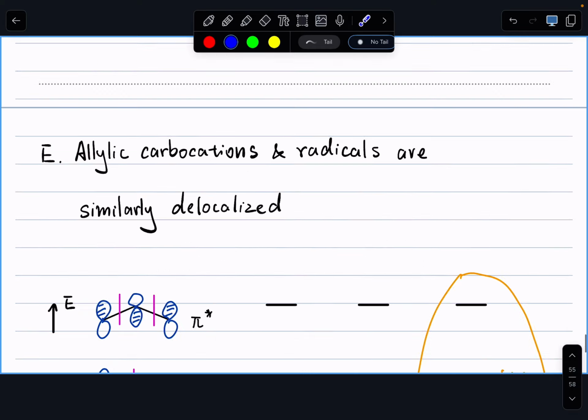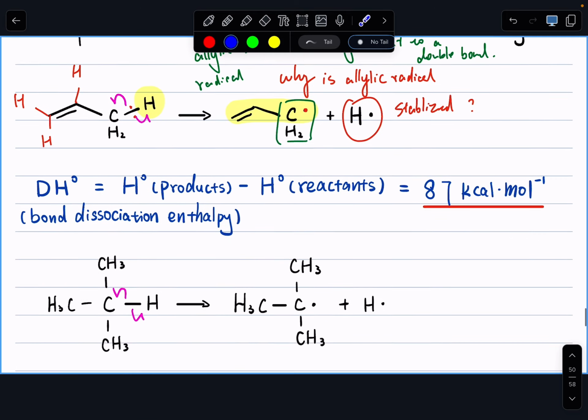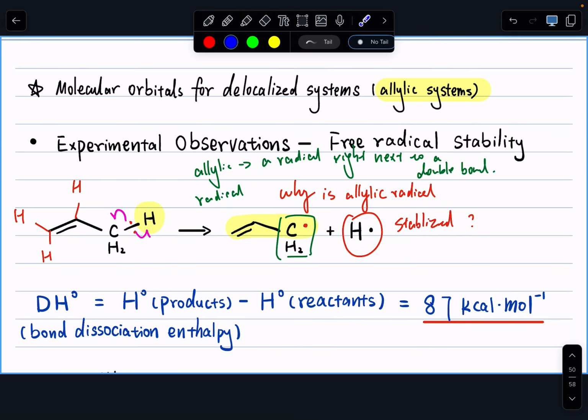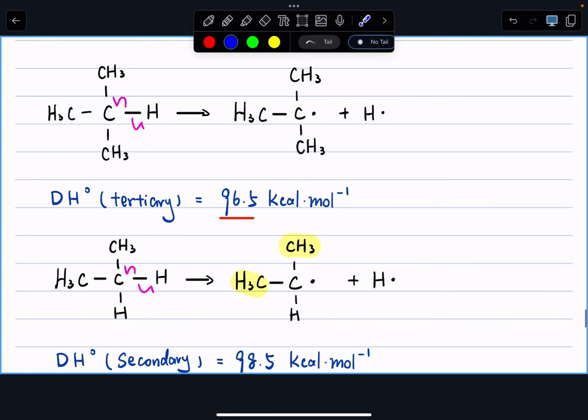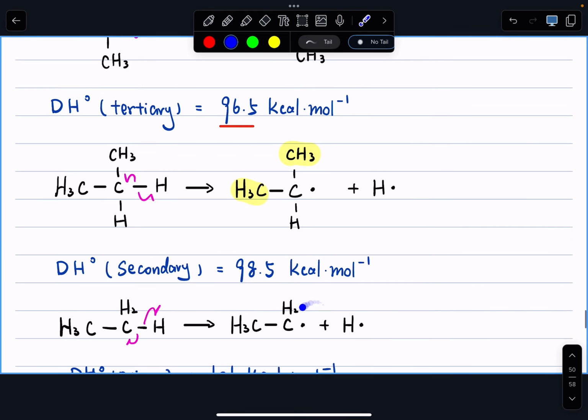So the whole point here is to demonstrate that it's easier to homolytically cleave the allylic carbon-hydrogen bond, because we're forming the more stable allylic radical compared to a tertiary, secondary, or primary CH bond. So we can compare the relative reactivity of the same reactive intermediate, like a radical, carbanion, or carbocation: allylic is more reactive than non-allylic.